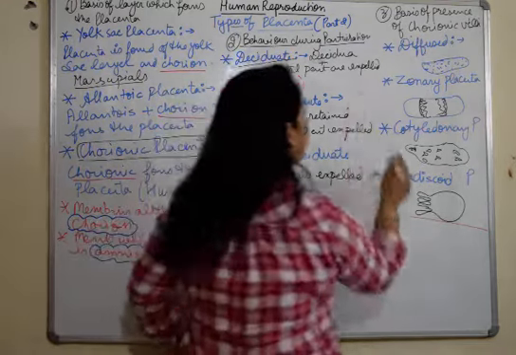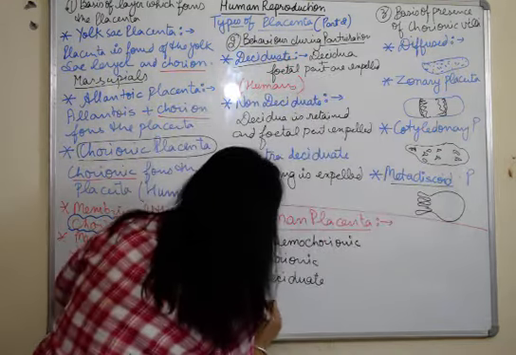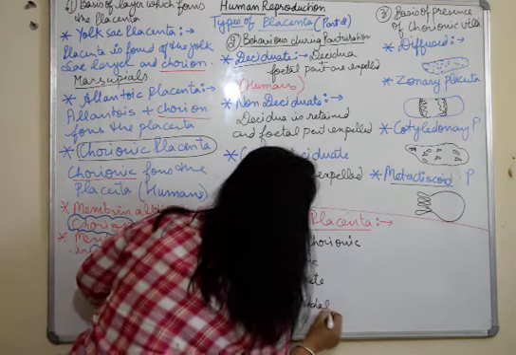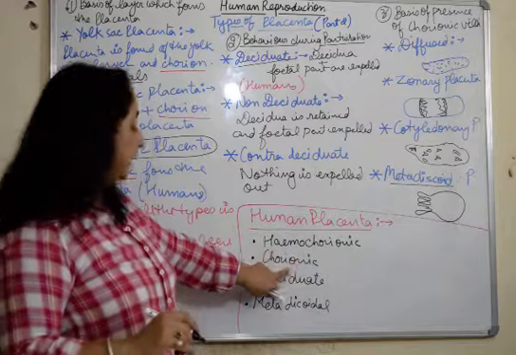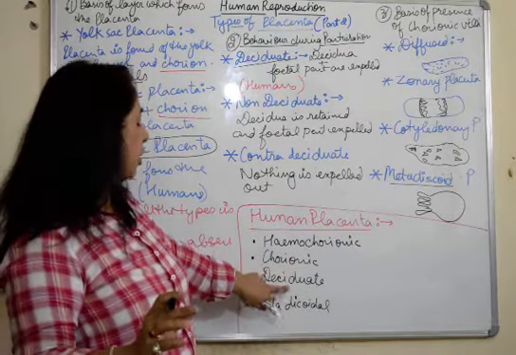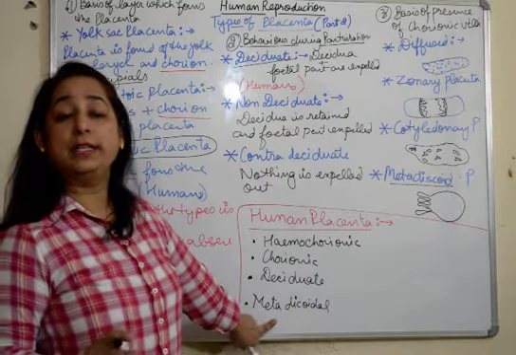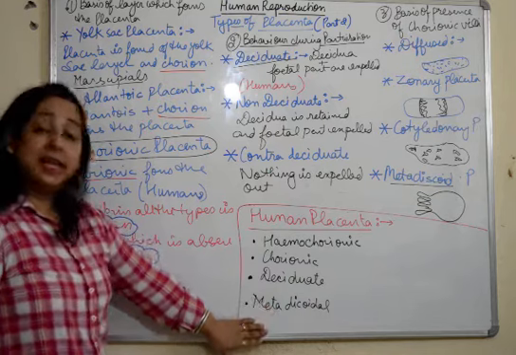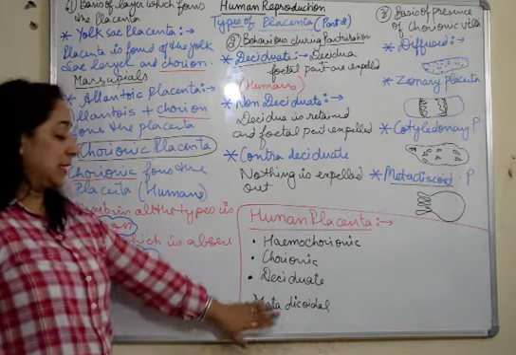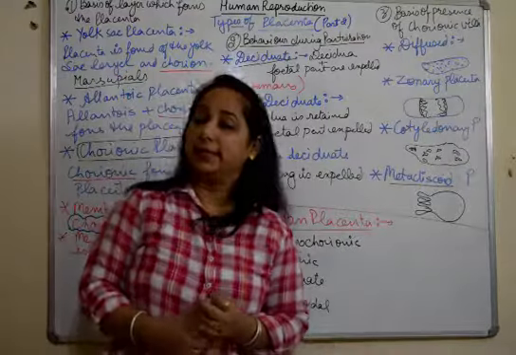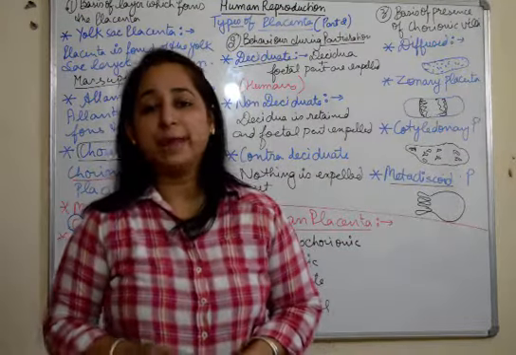And herein it is metadiscoidal in nature. So the human placenta is hemochorionic, chorionic, deciduate and metadiscoidal type, wherein it fulfills all these four categories. So we have discussed the different types of placenta.